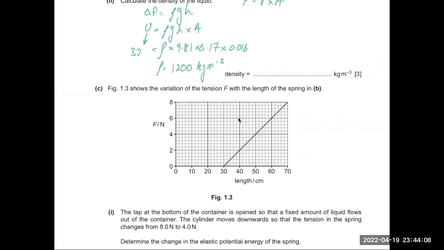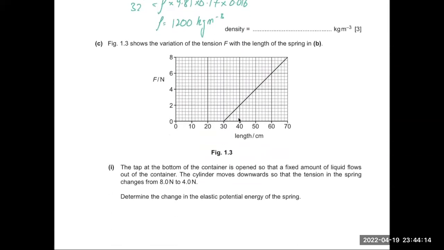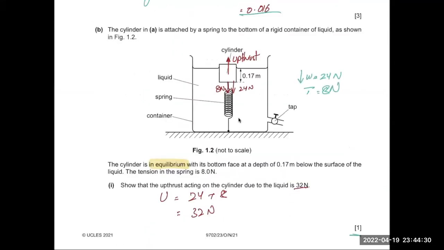Part C says, figure 1.3 shows the variation of the tension F with the length L of the spring in B. How does the tension in the spring change as the length changes? So the tension increases 30 centimeters onwards. The tap at the bottom of a container is opened so that a fixed amount of liquid flows out of the container. So you have a tap at the bottom.